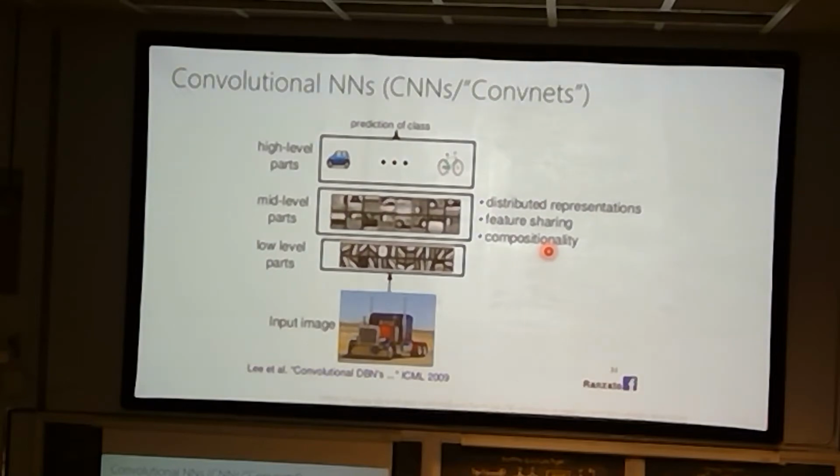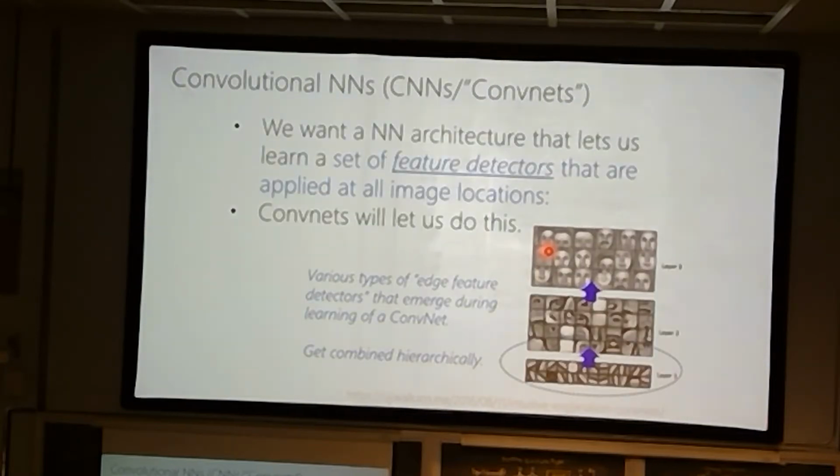So we want a neural network architecture that lets us learn these feature detectors, not a global template that you just slam on the whole image, but feature detectors that sweep over the image, look for stuff, and then the outputs get combined together. And that's what convnets are going to let us do.